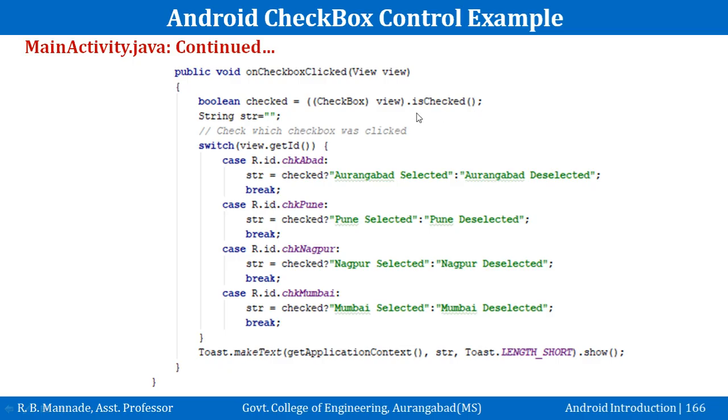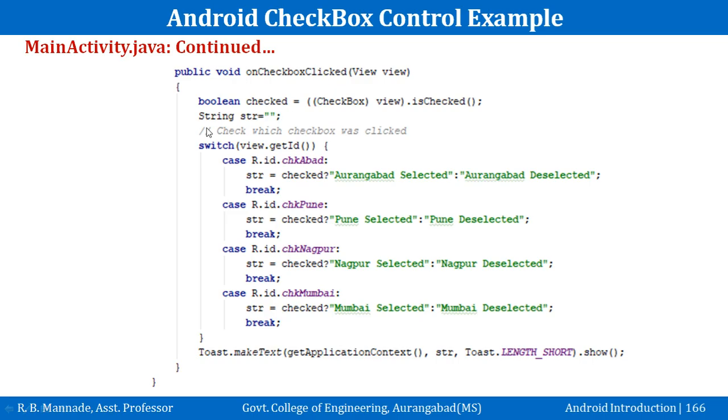So boolean checked is equal to view.isChecked. By default its type is View, and we are interested in the CheckBox object, so it should be typecasted to CheckBox, and then view.isChecked. If that button is checked, this value will be true, otherwise false.